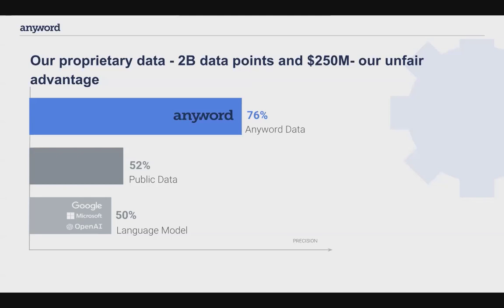We fed $250 million worth of ad spend, the creatives, the performance data to our AI, and we built our entire model based on that. So that lets us do a couple of things. First thing, of course, is it lets us generate text that is marketing oriented. It's built to perform because it was trained on marketing text. And it also lets us understand what the performance potential of that text is.